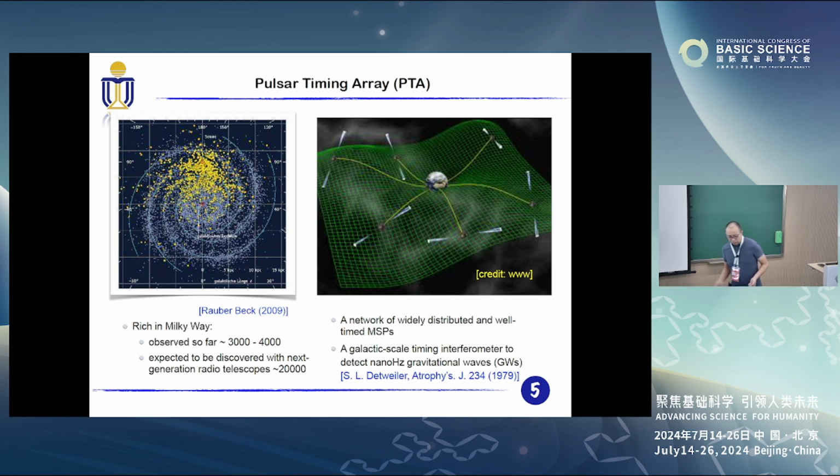Just think about it: if there exists a perturbation to the fabric of space-time, then some timing residuals could be generated for the pulsars within our galaxy in a correlated way. Because of this, it has been suggested to use such a pulsar timing array to detect gravitational waves, especially in the nano-Hertz frequency band.